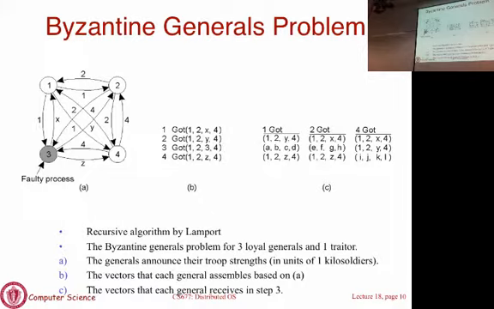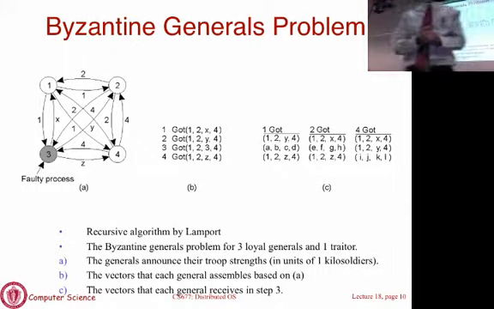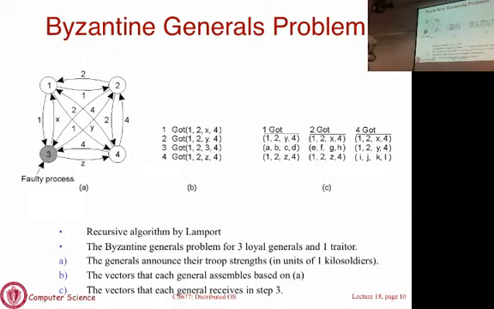Yes? What if the number of traitors is very large in comparison? The question is, what if the number of traitors is large compared to the number of generals? This scenario assumes 1 traitor and 4 generals. We will see that the actual result is, if you have m faulty generals or m traitors, you need 3m plus 1 total nodes for this protocol to work.